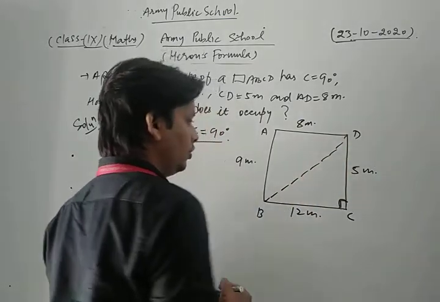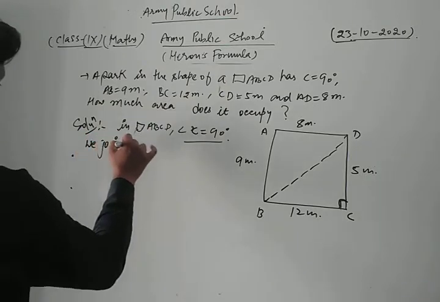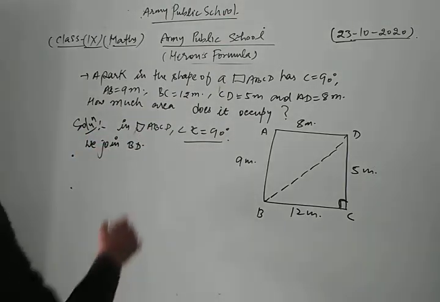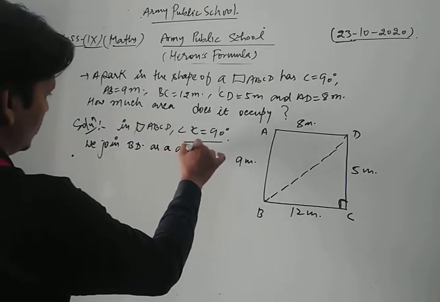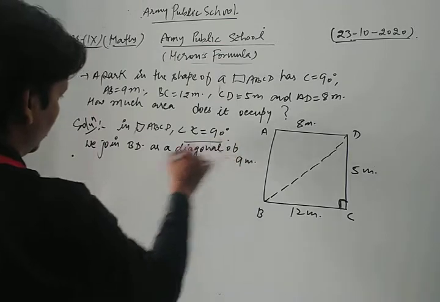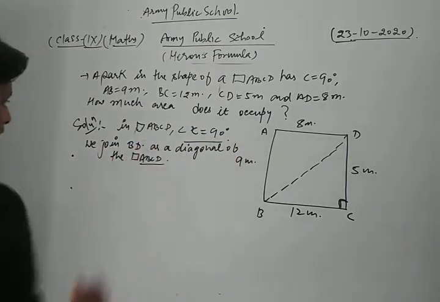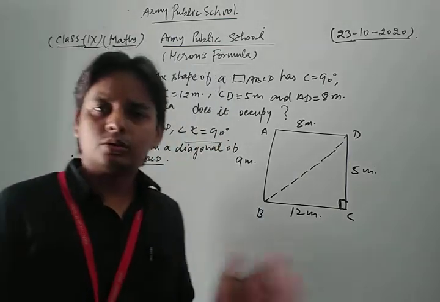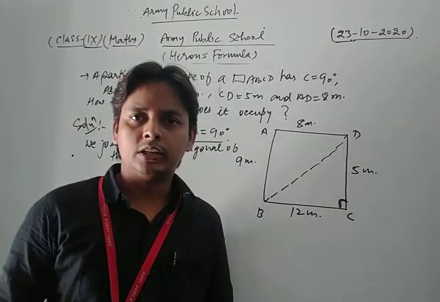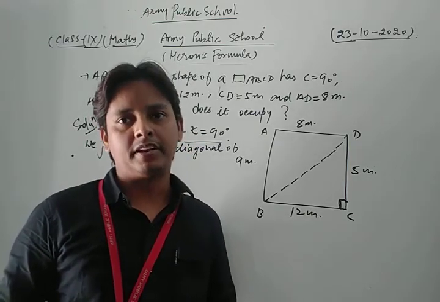Now we join BD as the diagonal of the quadrilateral ABCD. Dear students, I don't know any formula to find the area of the quadrilateral, but I know the formula to find the area of a triangle when all three sides are given.